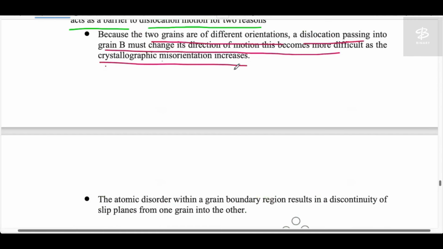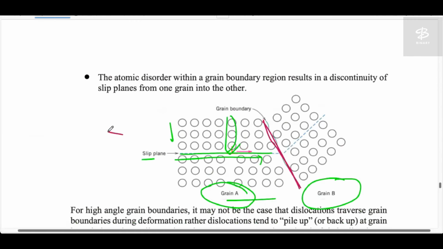What does it mean? It means, as you can see, they are perfectly aligned horizontally, but the other grain is a little bit tilted, at some angle. If they want to move in the same way, they would have to tilt, and that requires more energy that they don't have, right?